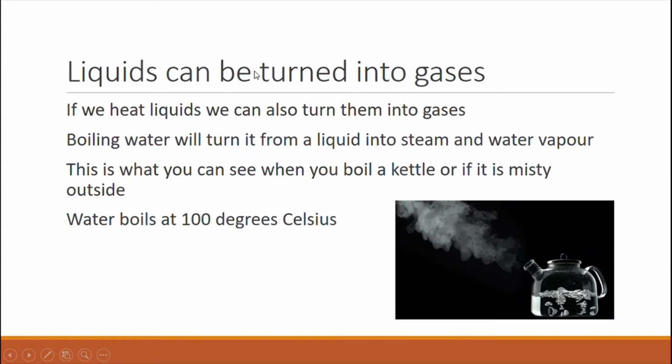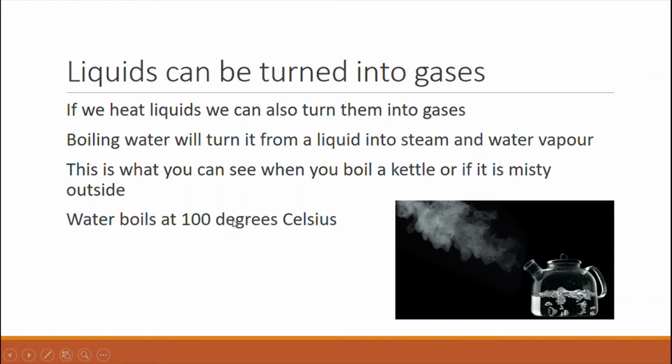Liquids can also be turned into gases. If we heat liquids, we can turn them into gases. Boiling water will turn it from a liquid into steam and water vapor. So there are those two words there. And steam is just this invisible stuff here. Sometimes you can see it, sometimes you can't see it very well. And that is our gas. So this is what you can see when you see a boiling kettle, and sometimes if it's misty outside, that's definitely water vapor.